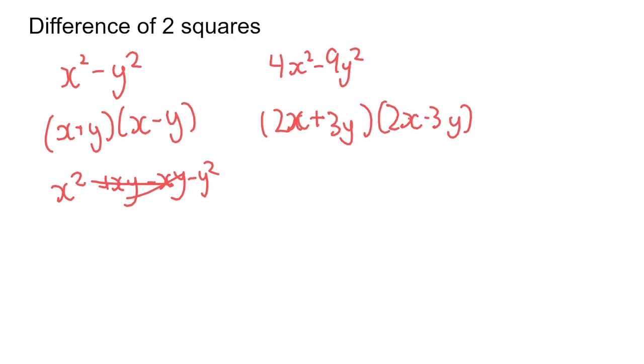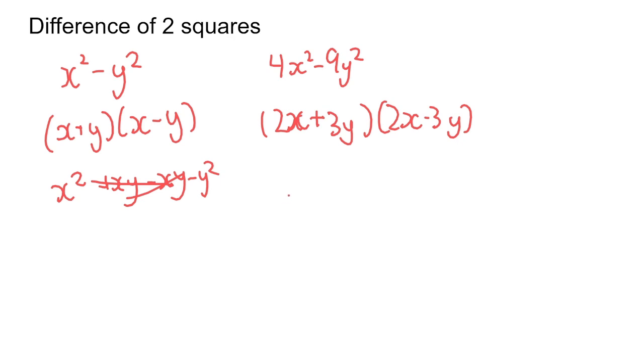And then if you expand that out, you would get 4x squared minus 6xy plus 6xy minus 9y squared. So 4x squared minus 9y squared, because the in-between terms cancel each other out. There's also one more case you need to know.